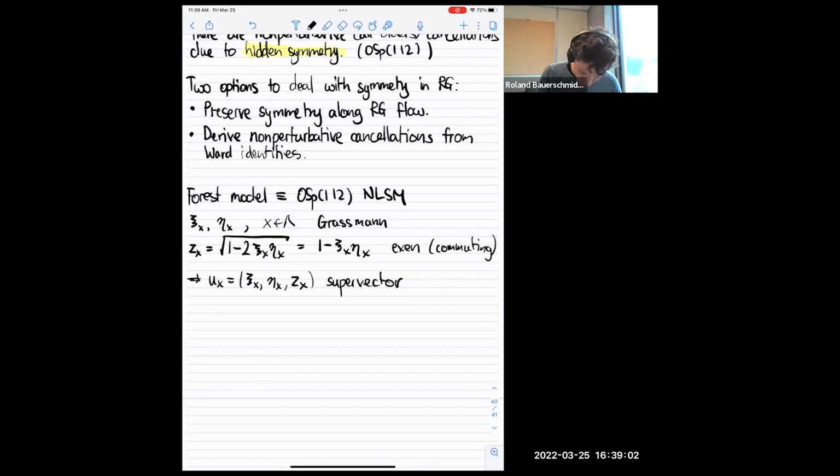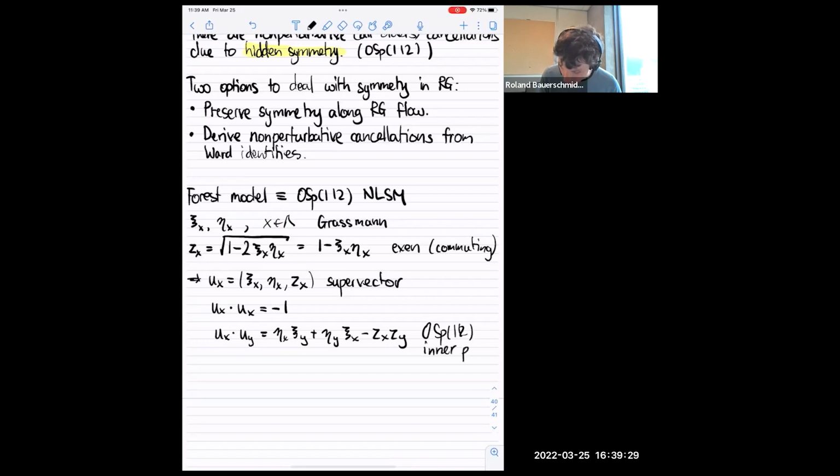Now, the observation is that ux dot ux is equal to -1 if I define ux dot uy to be eta x psi y plus eta y psi x minus zx zy. And this is what is called the OSP12 inner product.